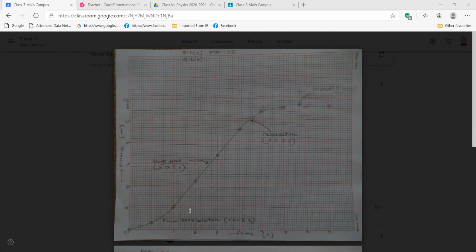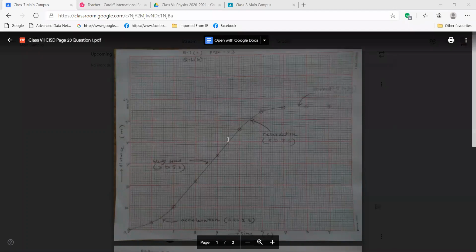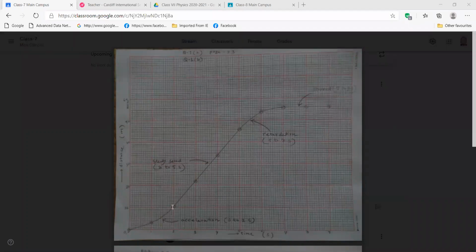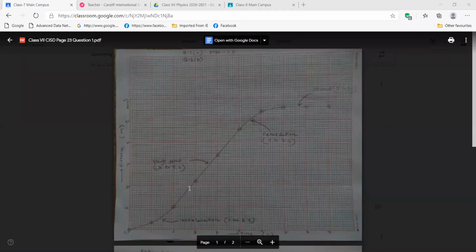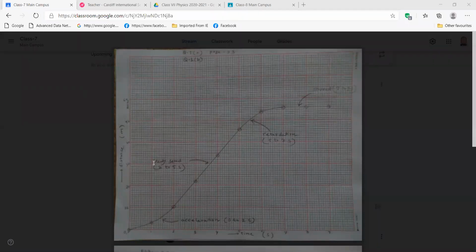So from 2 second to 5 second, what we are getting? Straight line, right? So in the distance time graph, we are getting a steeper straight line that is giving us steady speed or constant speed or same speed.